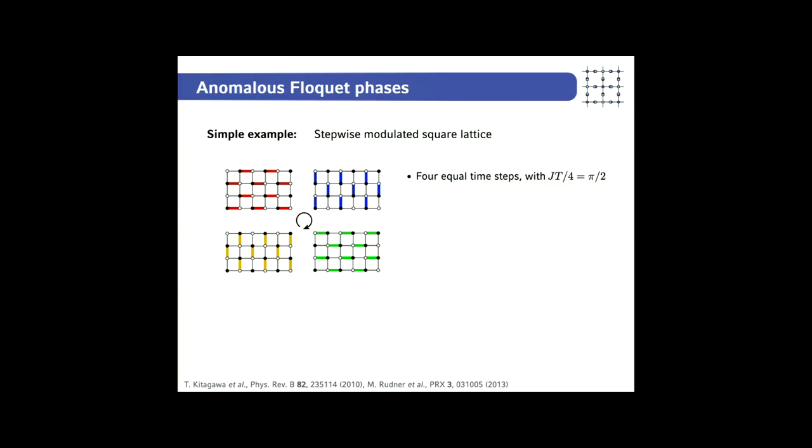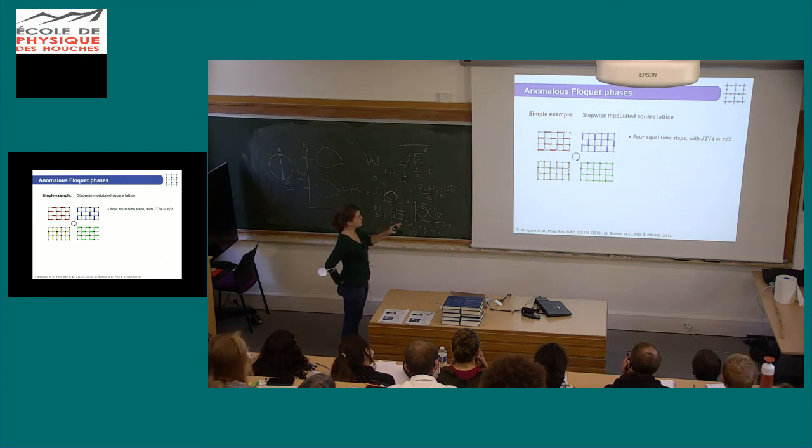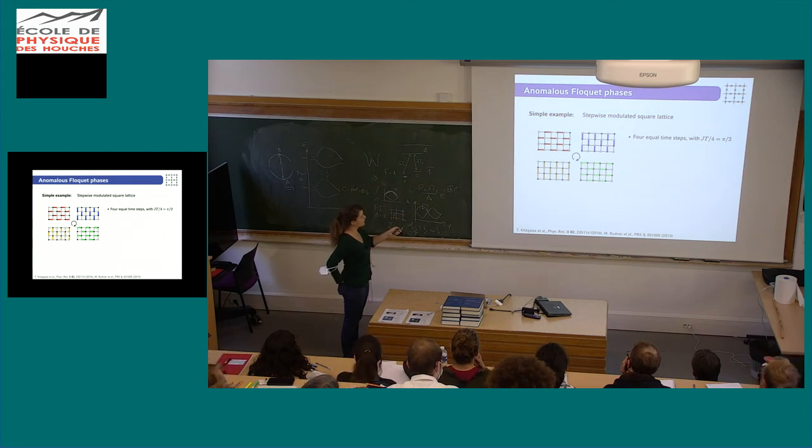Okay, so what is that actually? I can explain to you in a toy example why there's something non-trivial happening if you leave the high frequency limit. This is a very fine-tuned example where we have a 4-step modulation protocol where atoms only tunnel along the colored bonds for a quarter of the period.